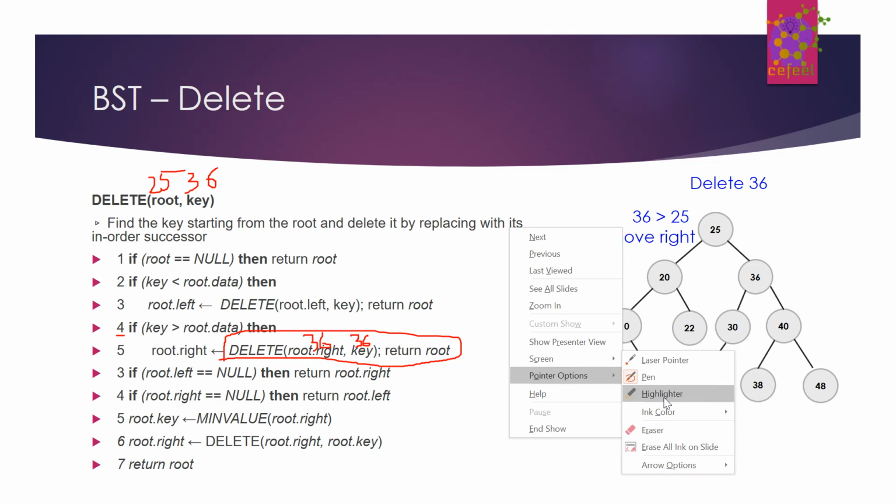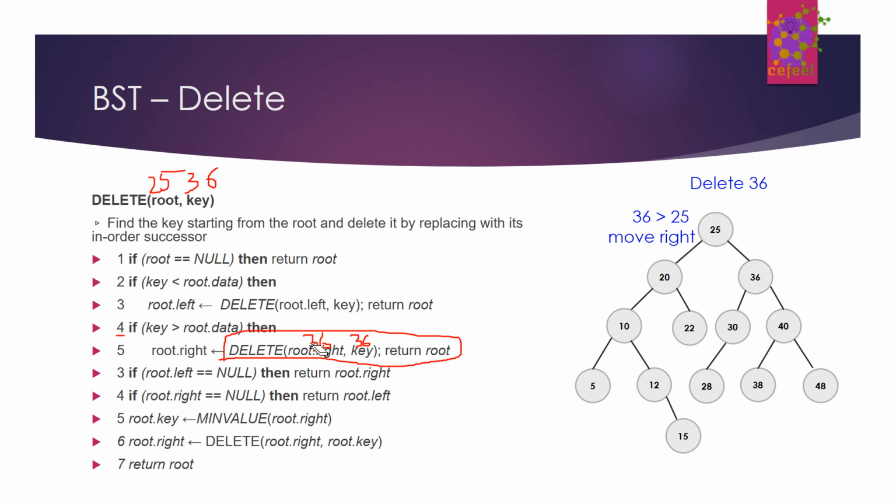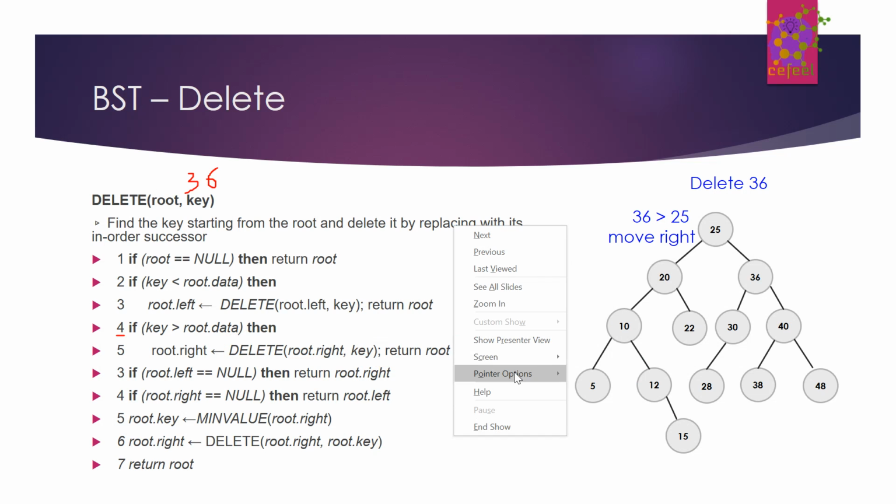Let me clean this here so that we are sure what will happen. In this situation 36 will be passed as the root. The null check fails because root is not null.